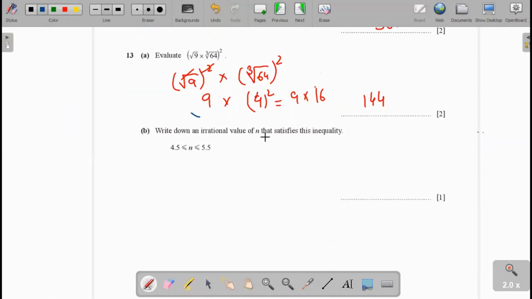Write down an irrational value of n that satisfies the inequality: n is greater than or equal to 4.5, n is less than or equal to 5.5. We have to write a value in between 4.5 and 5.5. Here this is 4, this number is 5, this number is 6, and this is 5.5, and this number is 4.5.